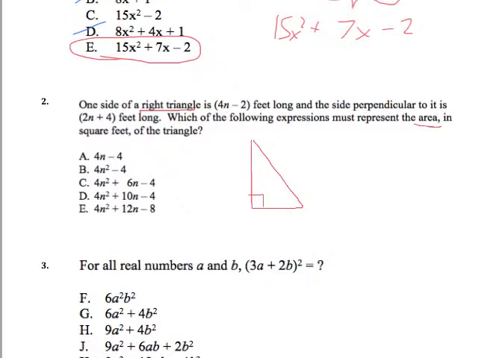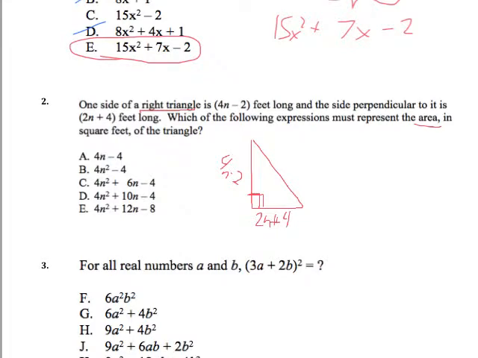It's talking about one of the sides of the right triangle being 4n minus 2. So that side is 4n minus 2. And then the other side, perpendicular, remember perpendicular is 90 degrees, so they're talking about this side over here, is 2n plus 4. And it wants to know the area.